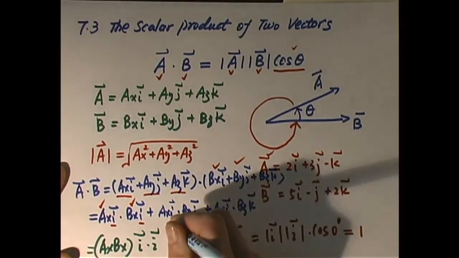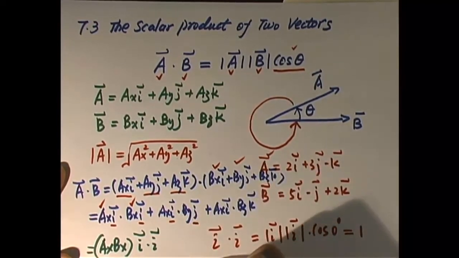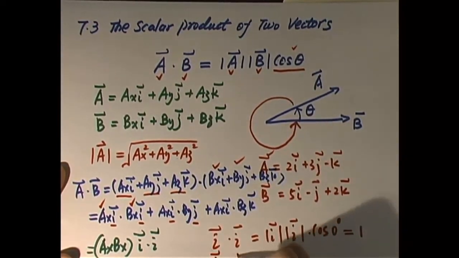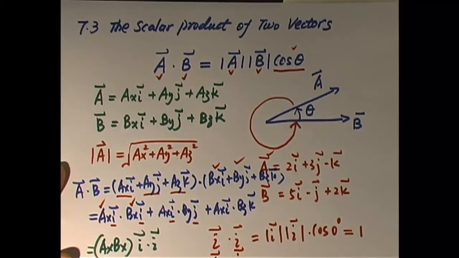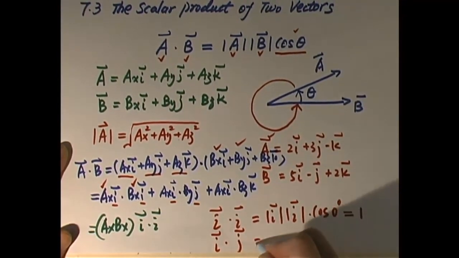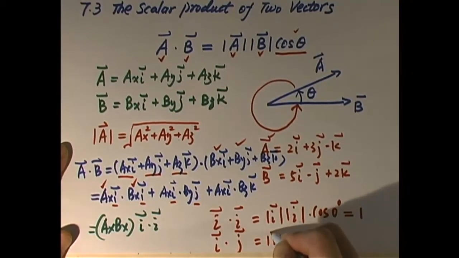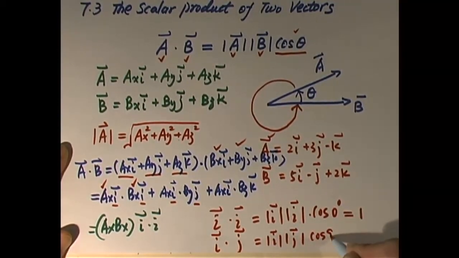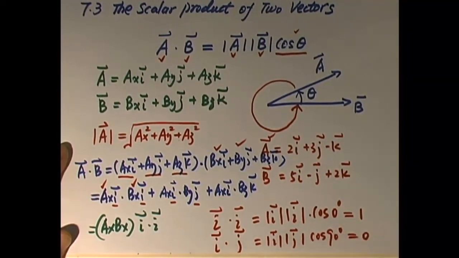However, i dot j will be 0 because, look, i dot j equals i's magnitude, that's 1, j's magnitude, that's 1, no problem. But cosine 90, because j represents the positive y direction and i represents the positive x direction. The angle is 90, and cosine 90 is 0.